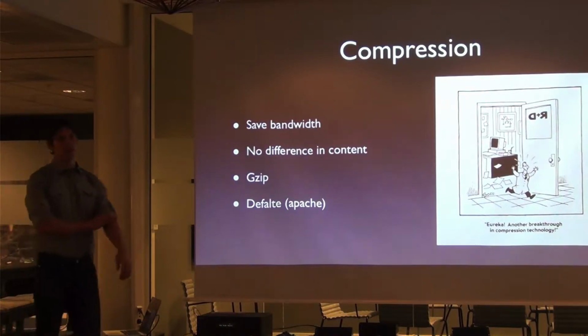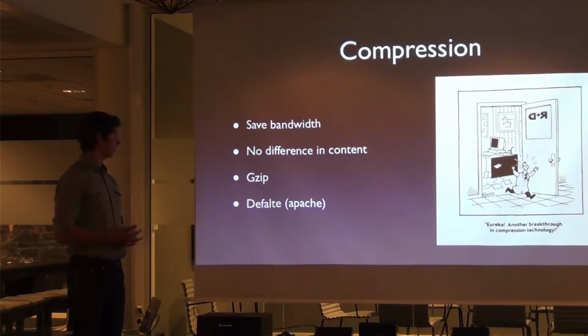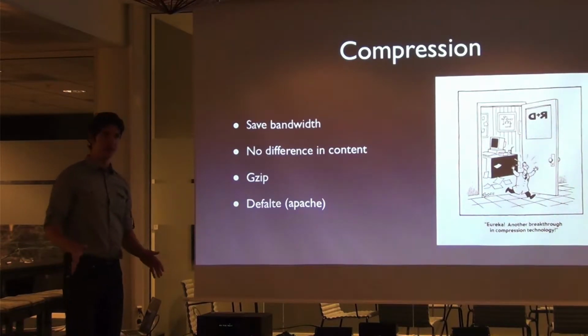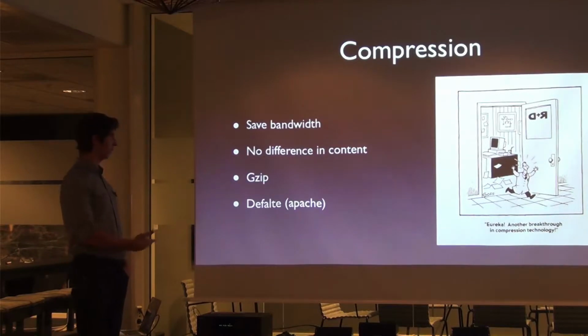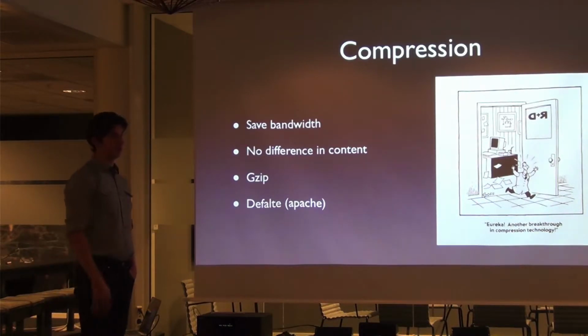Another thing is compression, and this one we should all care about because you save bandwidth and you don't do anything with the content. I mean, if you zip something up, it's going to be smaller. It's the exact same thing. Your web server is going to zip it up, forward it to the visitor, and the browser is going to unpack it all by itself.